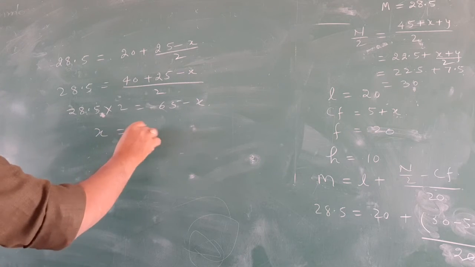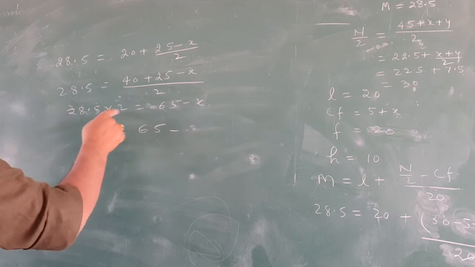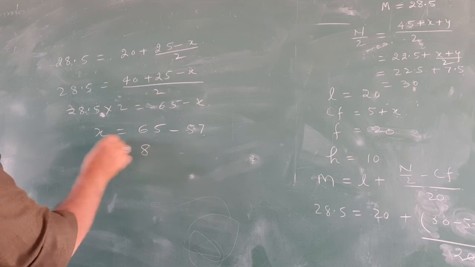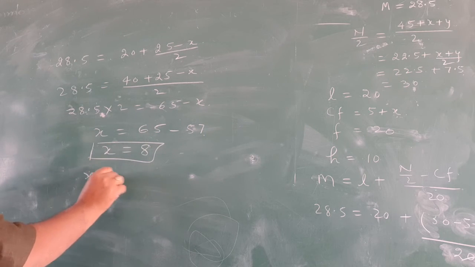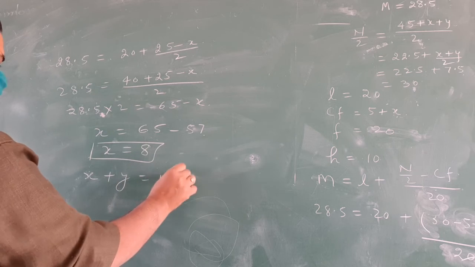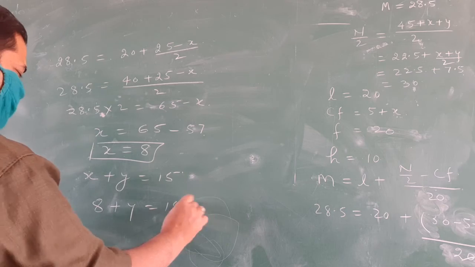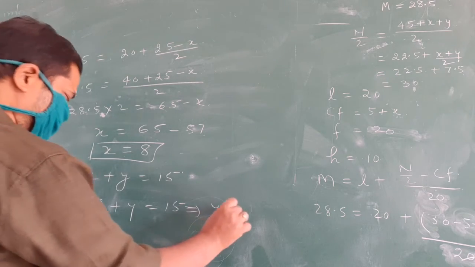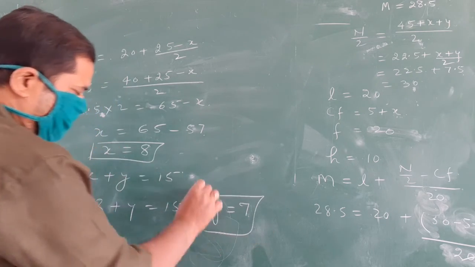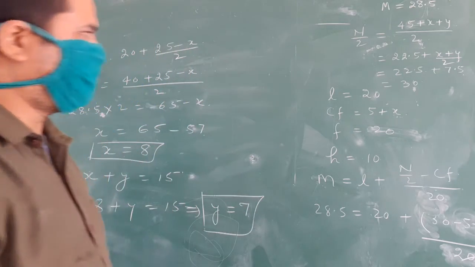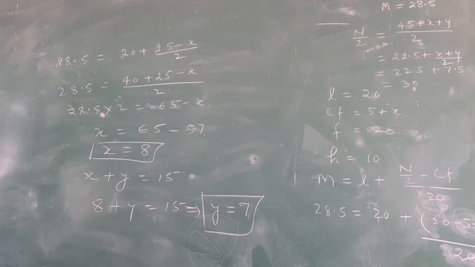So x is equal to 65 minus 57, which is 8. And since x plus y is 15, x is 8, so y will be 7. So this is the value of x and y. Note it down.